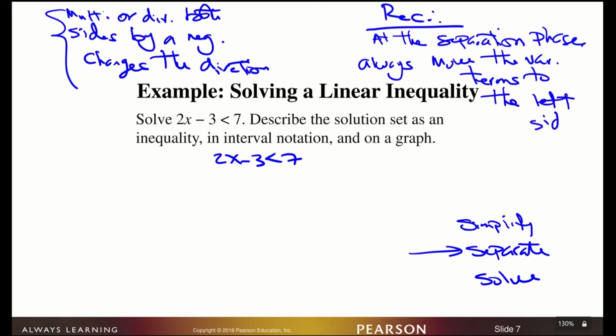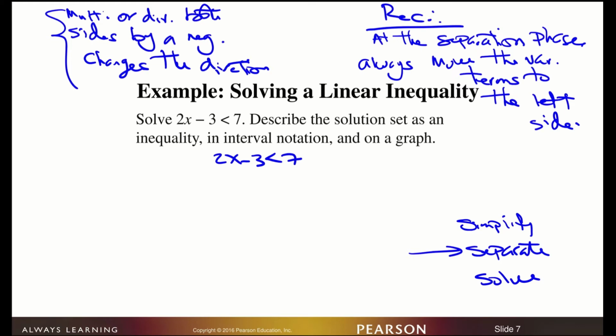Some people have the habit of doing that even with equations, but with equations, it really is easier to go with wherever the larger coefficient is. But with inequalities, we won't care about the size of the coefficients. We'll always move the variables to the left side.